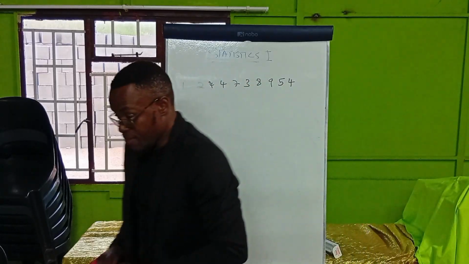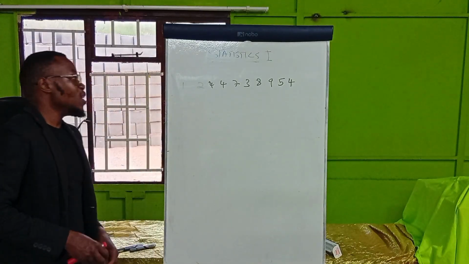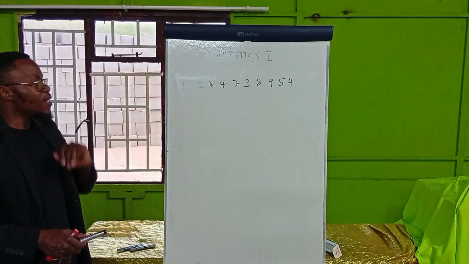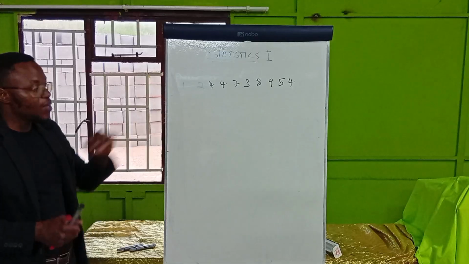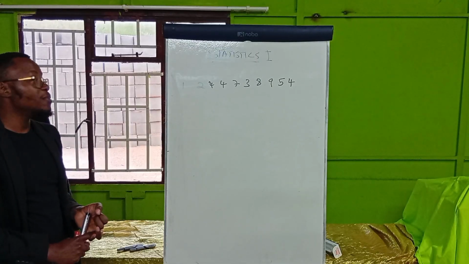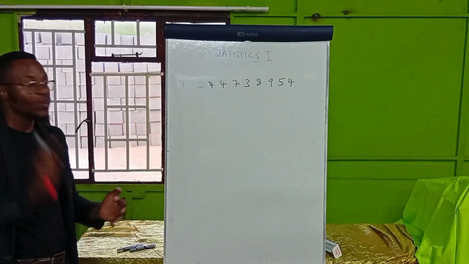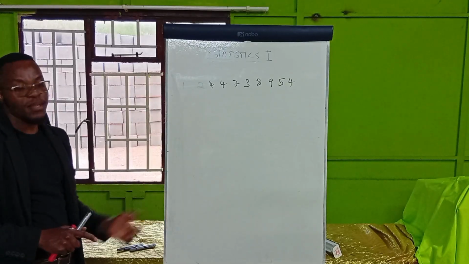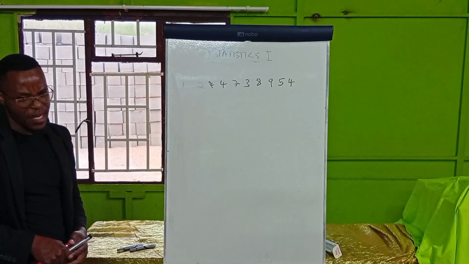So these are the numbers that are given. And then I'll be asked to determine the mode. I'll be asked to find the range. I will be asked to also determine the median and also calculate the mean.